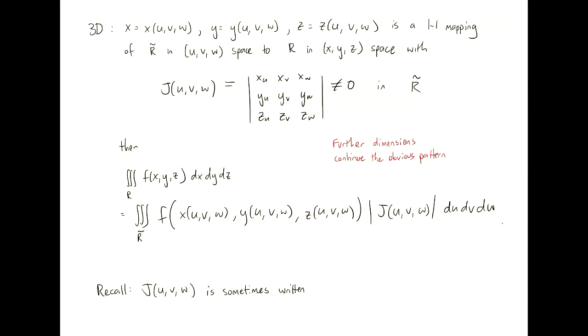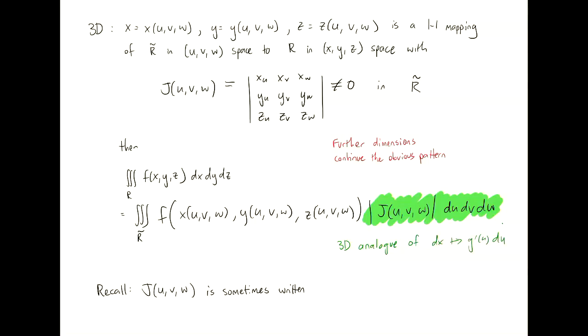Okay, so this shouldn't come as a huge surprise. This is, of course, the 3D analog of dx mapping to g dashed of u du.